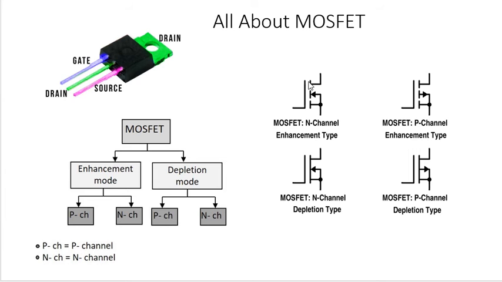Also, the drain to source resistance, the resistance between this and this terminal, is less in case of n-channel MOSFET, and because of this there will be less conduction losses.